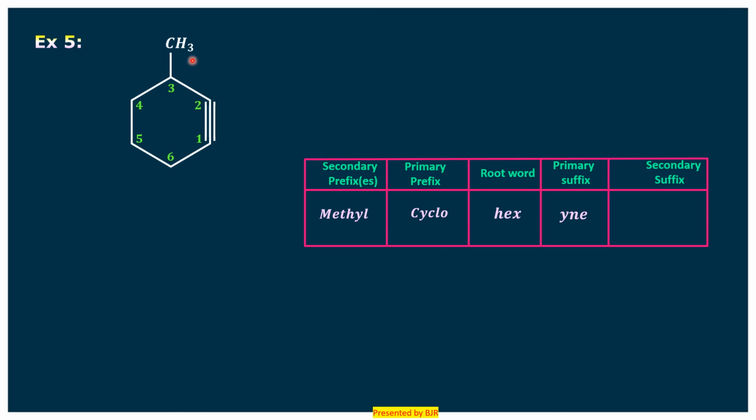So the methyl group is attached to the third carbon atom. So 3 methyl cyclohex 1 ine. 3 methyl cyclohexyne, or cyclohex 1 ine also you can write.